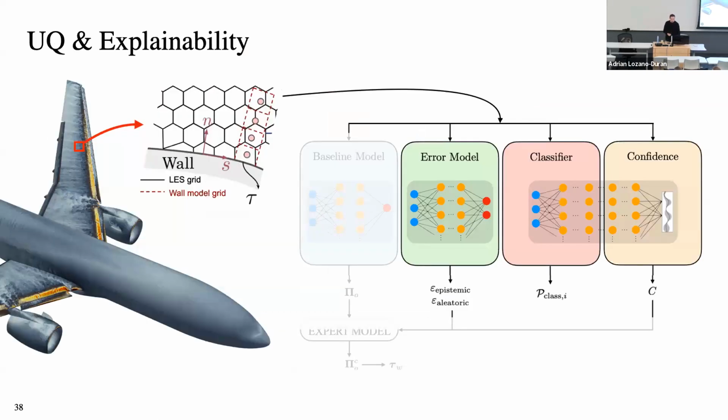Okay. So the next step is the error model. This is the way of thinking in a way. I trained my model on these very simple cases, and now I test these other cases that you just saw. The model is doing well sometimes, but sometimes it's not, because there are physics that I didn't have before. Because I have that data and I have the answer, why not correct for that?